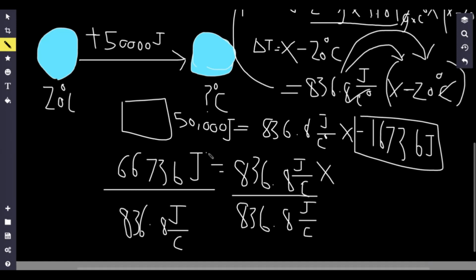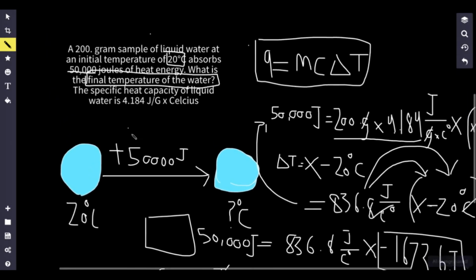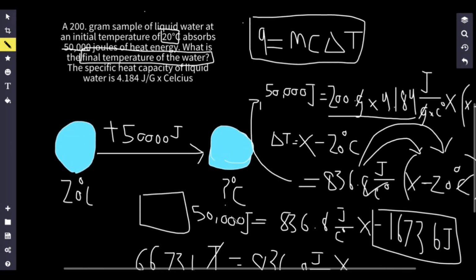And you'll see that the joules cancel out, so you're left with Celsius, which is what we want, because when we're finding the final temperature, we want it to be in Celsius, right?